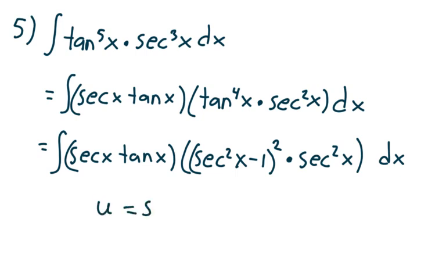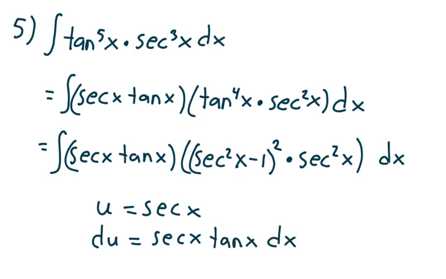So my convenient choice of u is secant x. du is secant x tangent x dx. And it's really nice. From here, I have the integral of u squared minus 1 to the 2nd times u squared du.